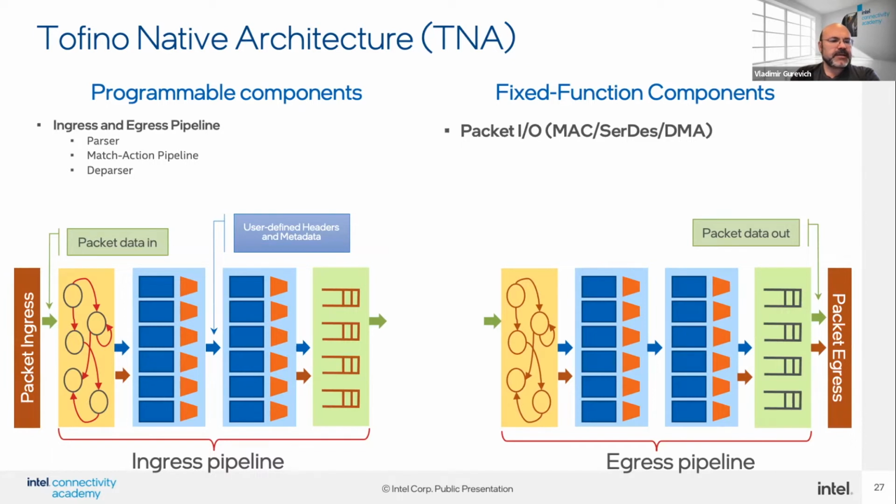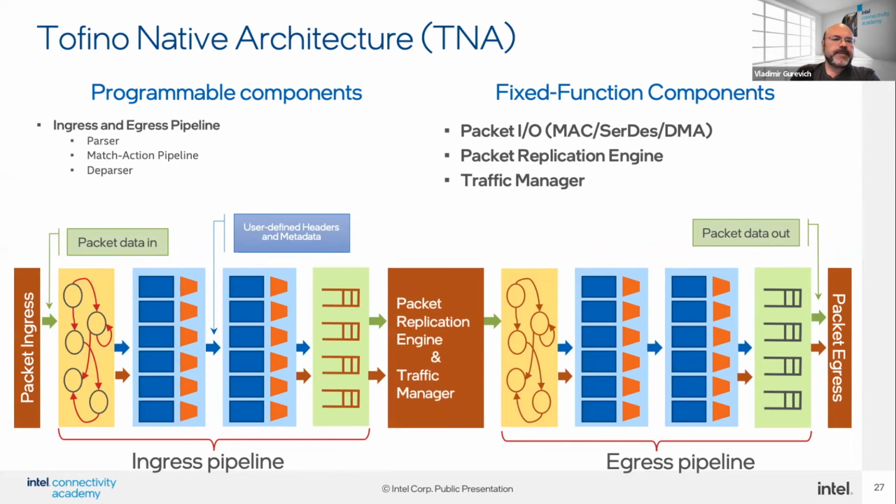We need packet ingress and egress components so we can get the data into the switch and out of the switch. And between ingress and egress pipelines, it's another very important fixed function device called packet replication engine. Think of it as a multicast engine, and a traffic manager, which performs packet bufferization, queuing, and scheduling.